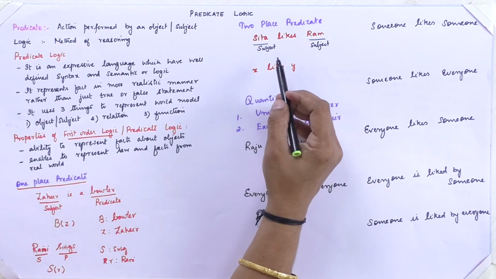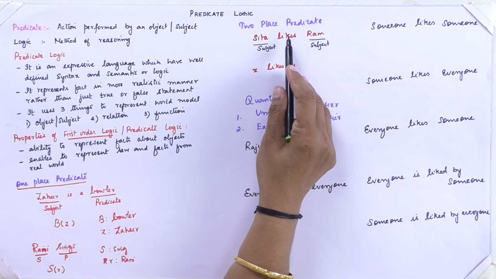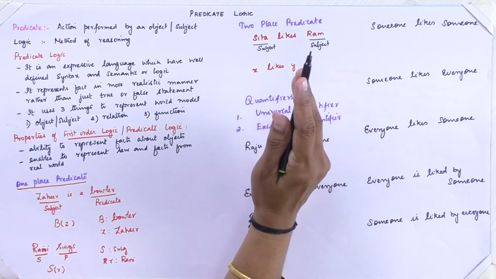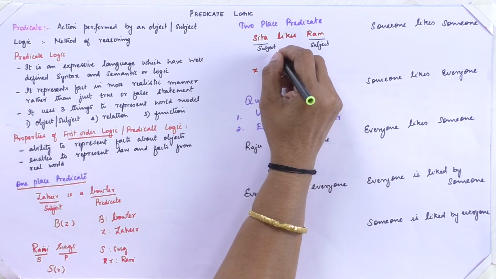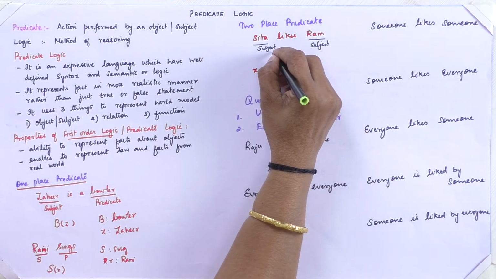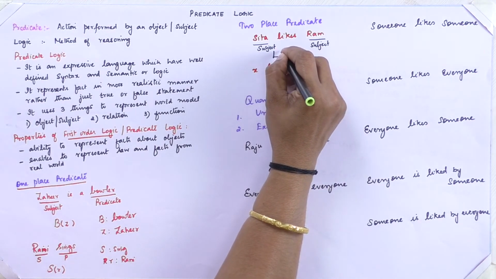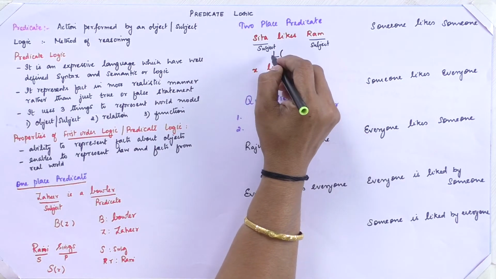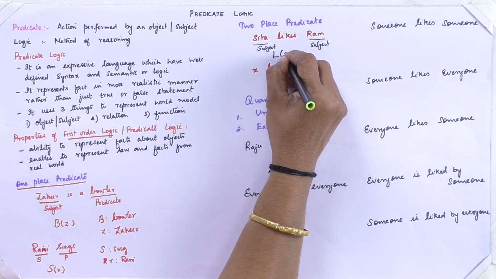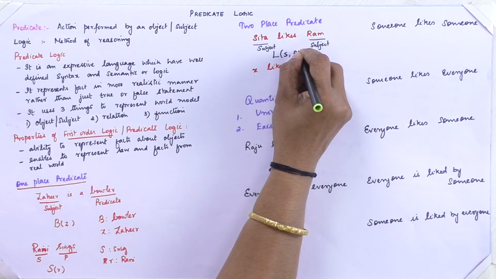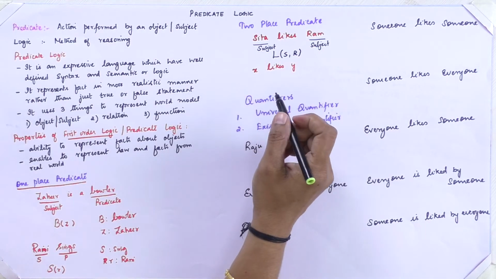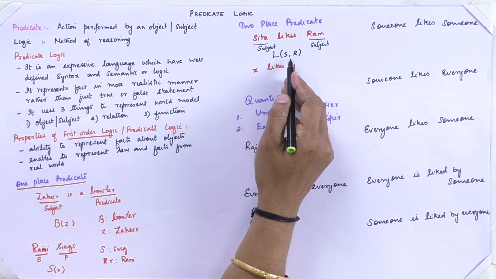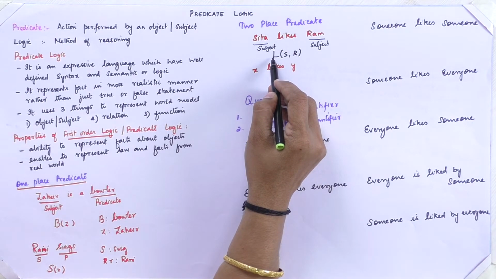And what is the action performed by the subject? Sita likes Ram. Therefore, I can represent this in a symbolic manner as L of S, R. So this is how we will be representing the two-place predicate, right? First I have to write my predicate term.